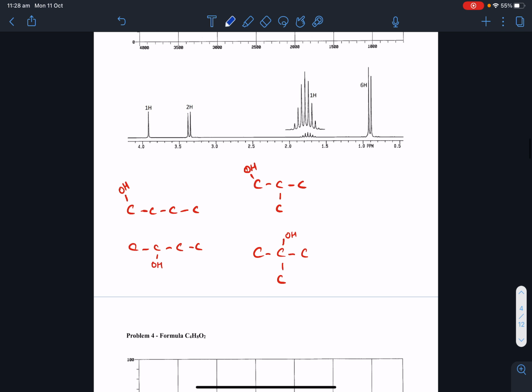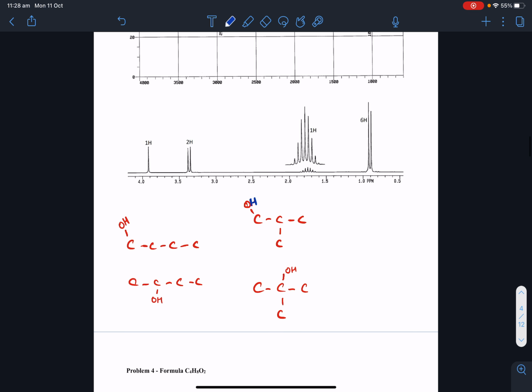Okay, with the proton NMR, so I will have 2 more hydrogens coming off there. 1, and this will have 3, and this will have 3.